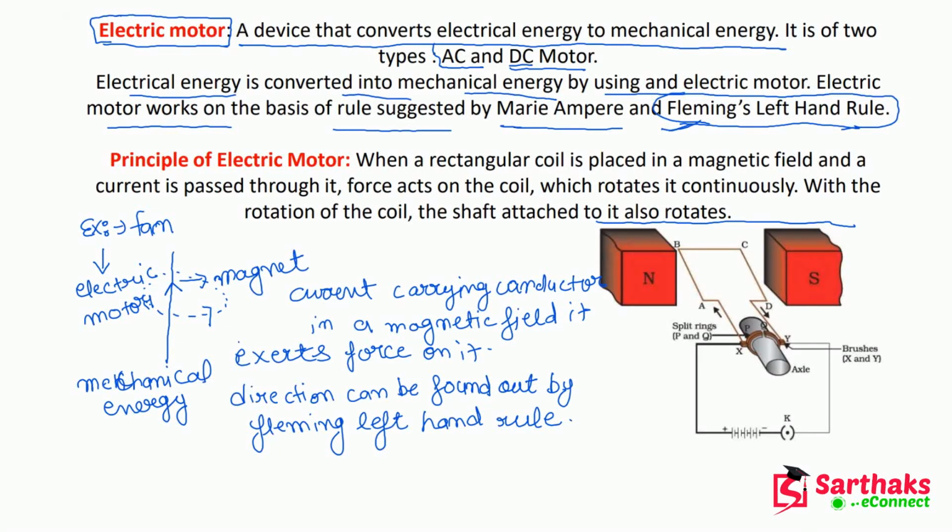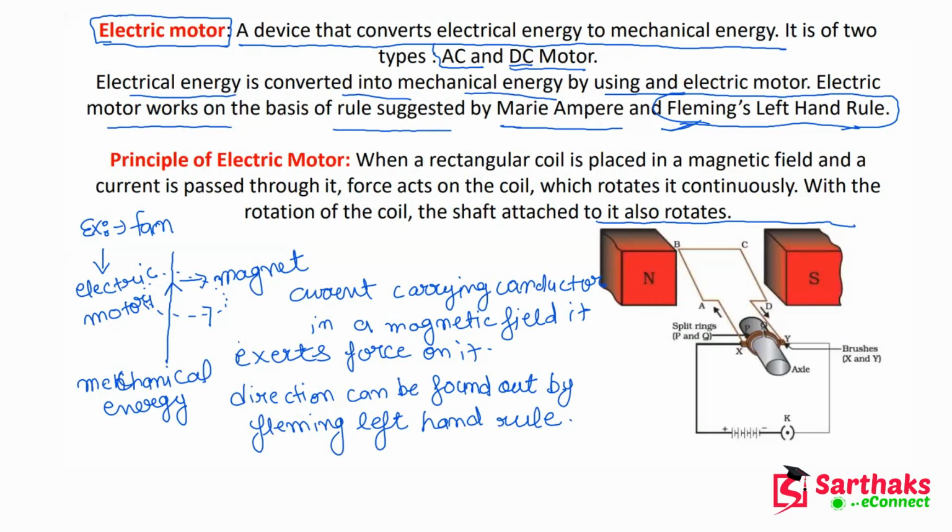When we keep our index finger, middle finger and thumb of the left hand perpendicular to each other, if our index finger shows the direction of magnetic field and our middle finger is in the direction of electric current, then our thumb will show the direction of force. So this is very easy.